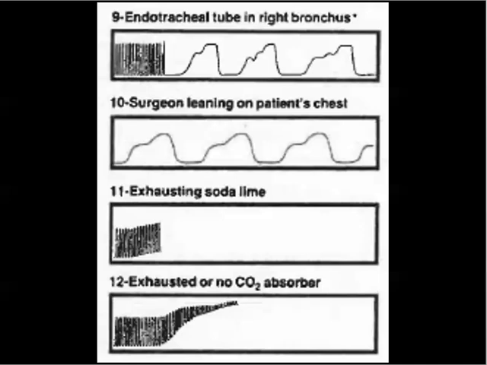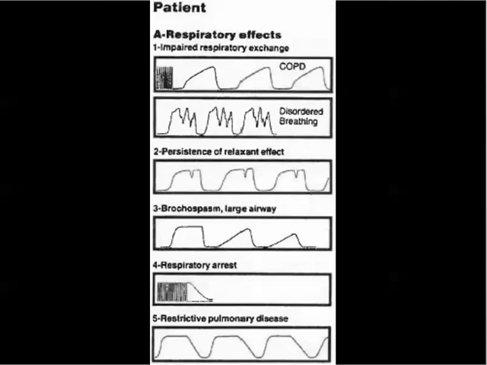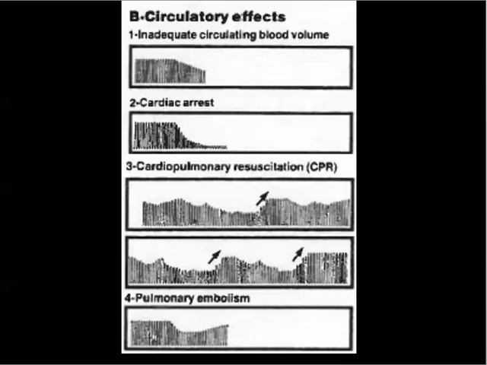Soda lime, that would happen over a lot of time. That's a compressed record, excuse me, but that's what the capnogram would look like. Various COPD, of course, difficulty breathing, bronchospasm, large airway, ventilatory arrest, so on and so forth. You can look at them faster than I can read them to you.